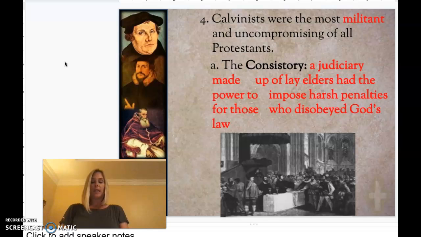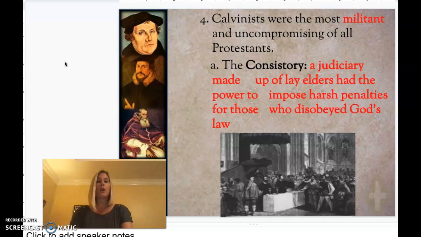Drinking, singing, specifically secular music. Now, if you're singing gospel songs, that's different, but secular music, prohibited. Dancing, usury, which is lending money at high interest rates, and gambling. So again, this group would closely monitor the activities of those living in Geneva, and there were harsh consequences.